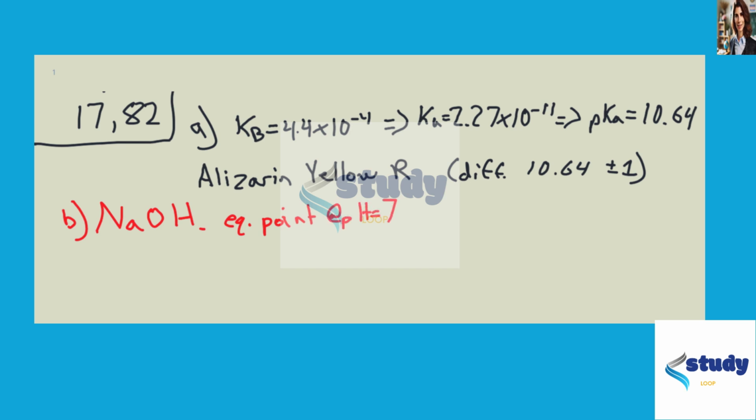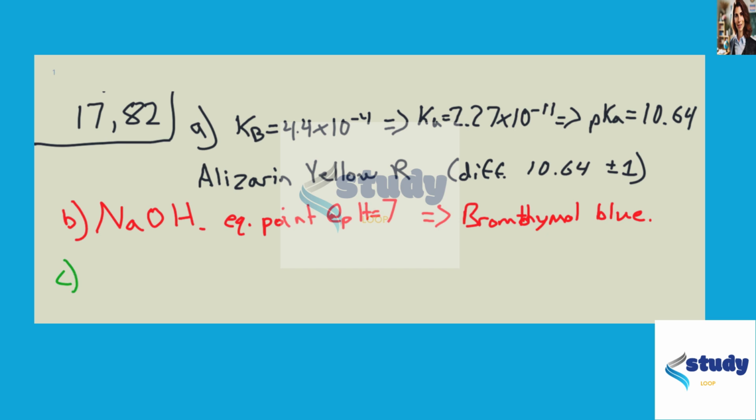So we look at the table to see what has a good color change from pH 6 to 8. And we can see that there is an indicator called bromthymol blue, which would be good in this case.